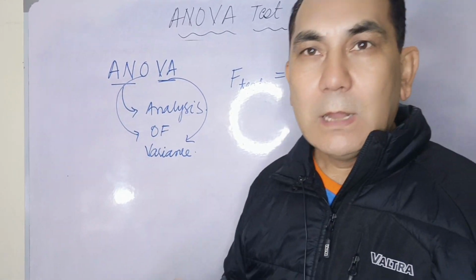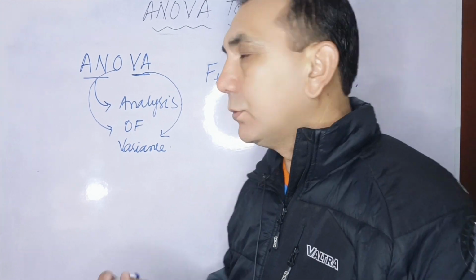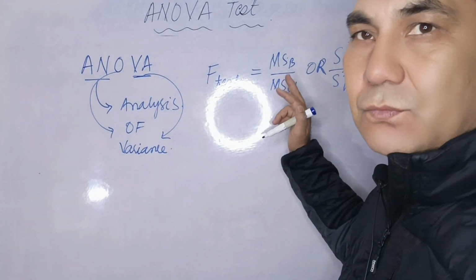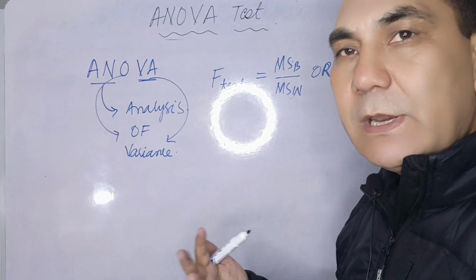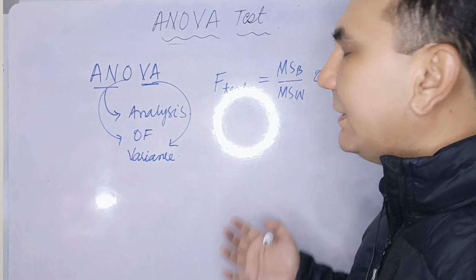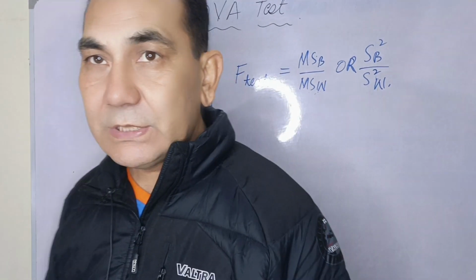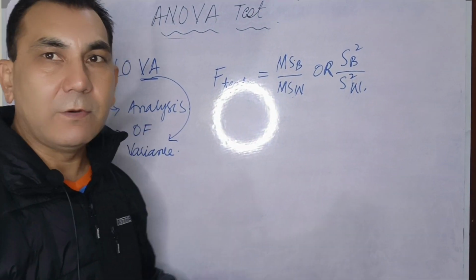Now let's see how to calculate the mean square between the groups and the mean square within the groups. We have another formula for that.